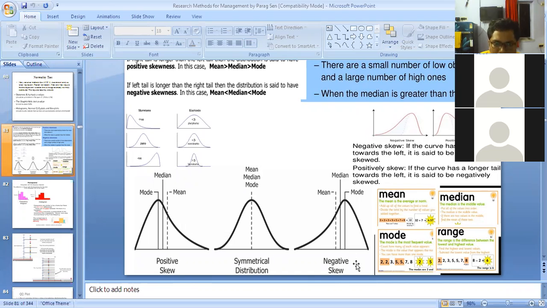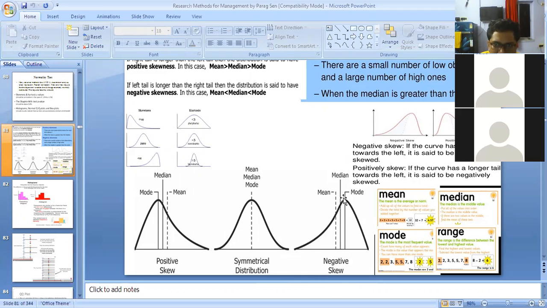If the curve has a longer tail towards the left, it is said to be negatively skewed.